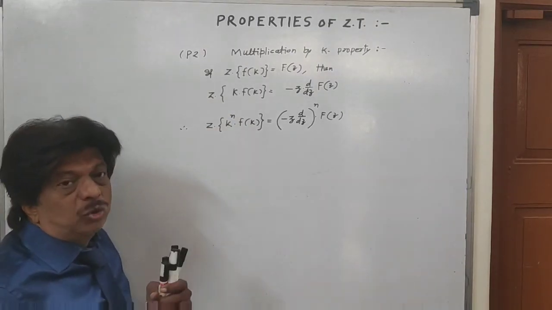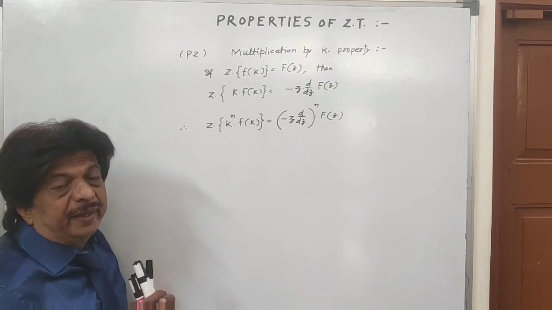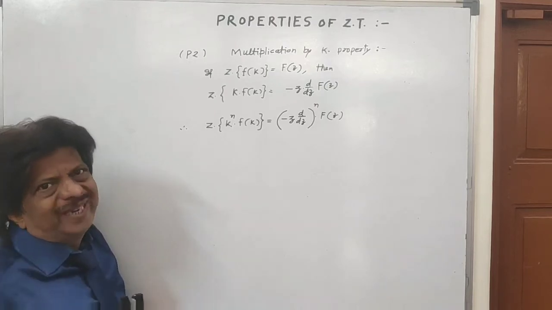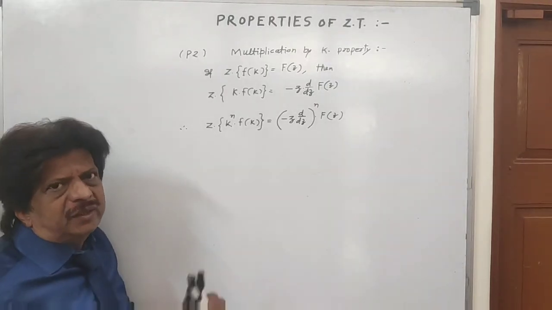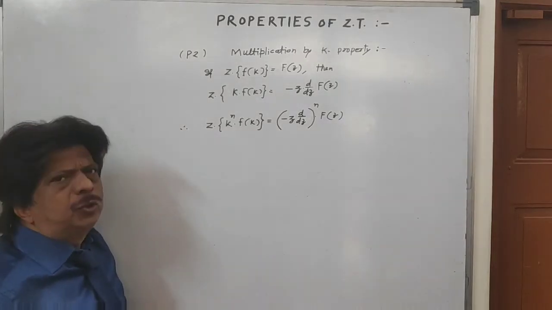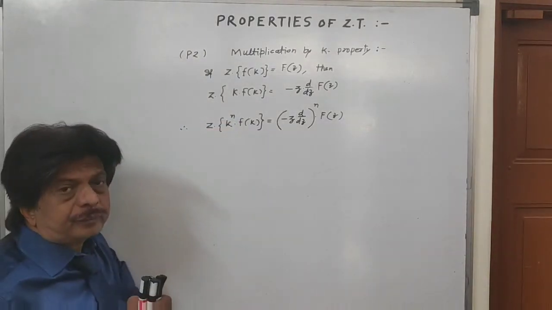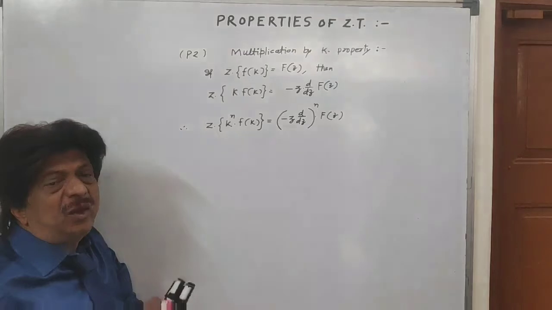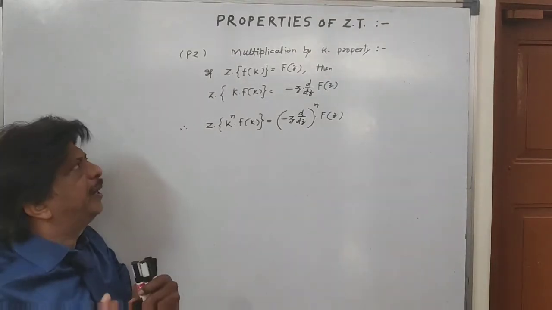This is yet another most important property frequently used in solving the various types of examples in Z transform. So let us prove this or verify this or illustrate this property.